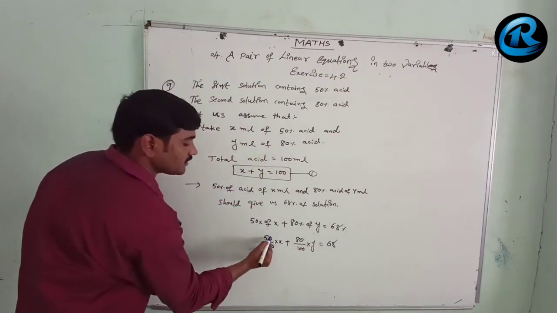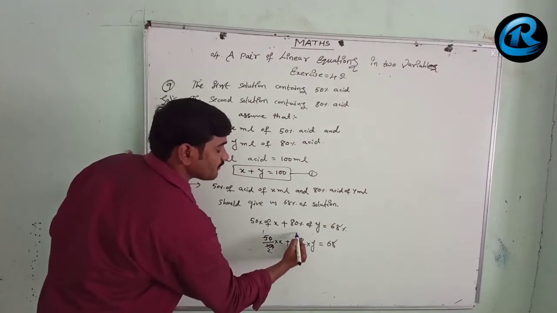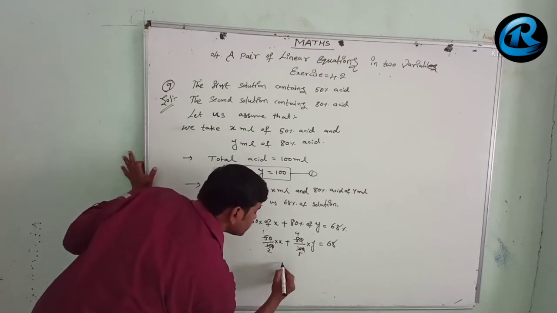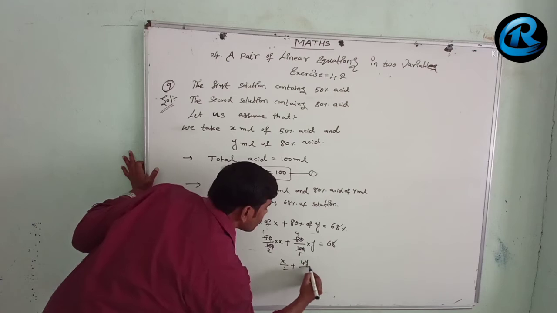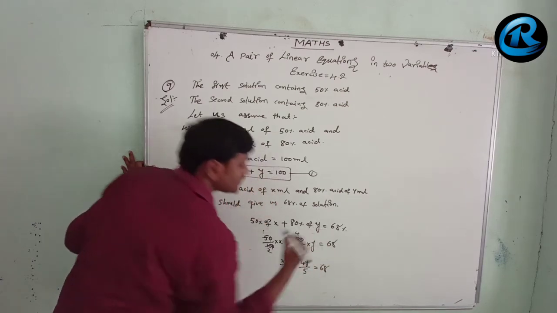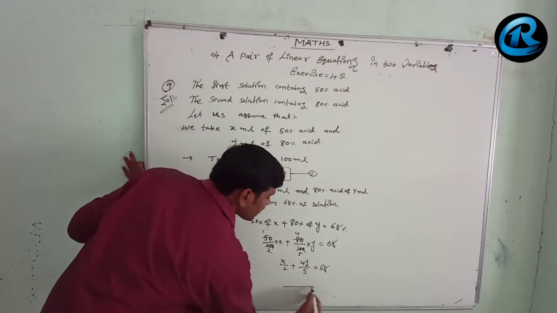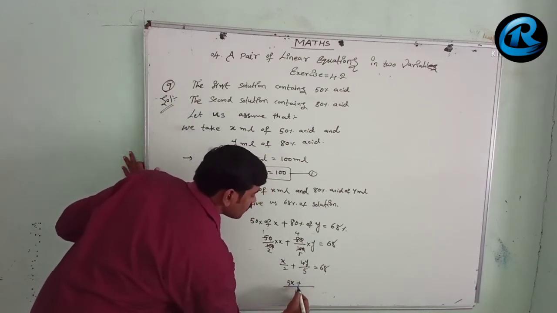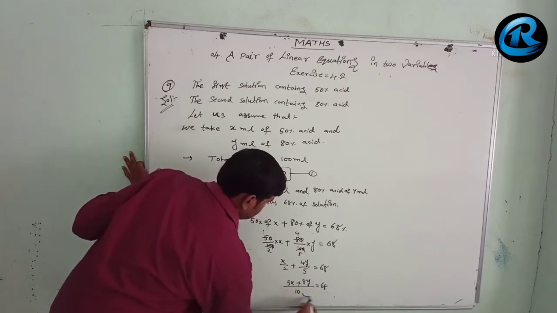The 10s cancel: 5 ones are 5, 5 twos are 10, 2 fours are 8, 2 fives are 10. So x by 2 plus 4y by 5 is equal to 68. We will take the LCM here. Cross multiplication: 2 fives are 10. 5x plus 2 into 4y, that is 8y, equal to 68.